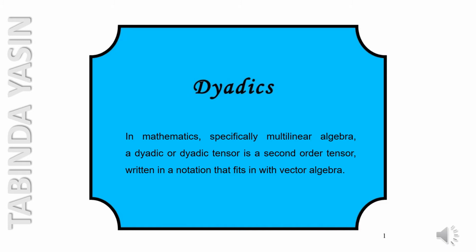So dyadics are responsible for the discussion and understanding of the kinematics of the objects, and they are also tensors, but they are second order tensors, and they are in very good collaboration with the vector algebra.